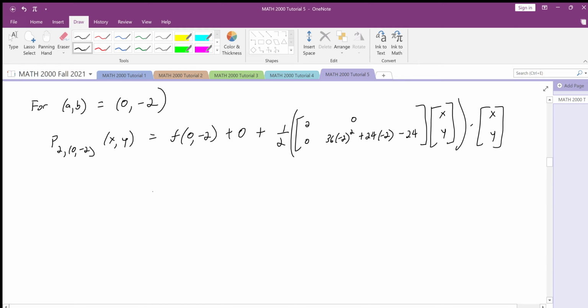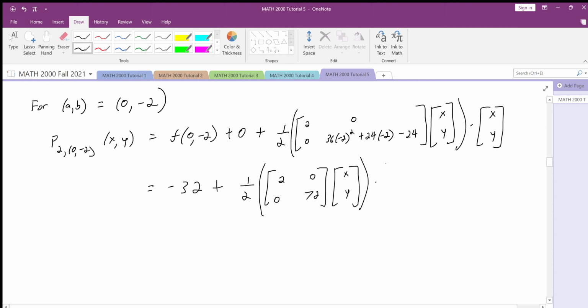So we just do as before, we simplify. f of (0, -2) is just minus 32, nothing special. And then 1/2, this part will be 2, 0, 0, 72. You just simplify, nothing special. Matrix multiply (x, y), dot product (x, y). And then we continue: minus 32 plus 1/2 times (2x squared plus 72y squared).